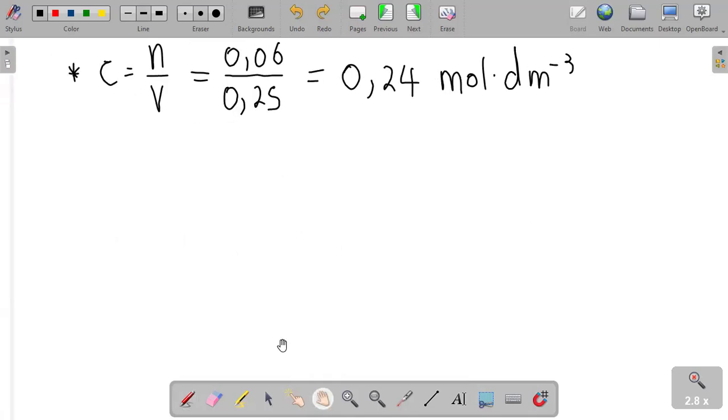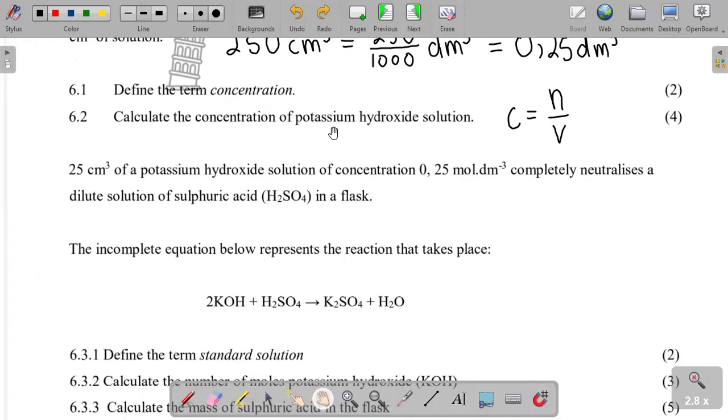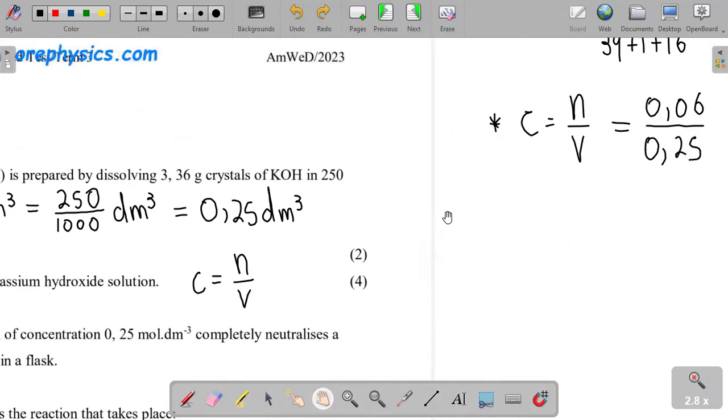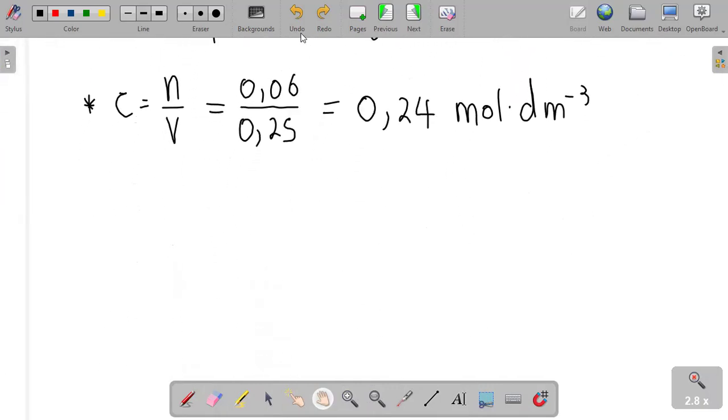The question is asking us to find the concentration. 6.2, calculate the concentration of potassium hydroxide, KOH. Or you can do it this way, okay? Or we can use the other formula for concentration, the one that doesn't have n. So we can just say C equals m divided by MV, isn't it?